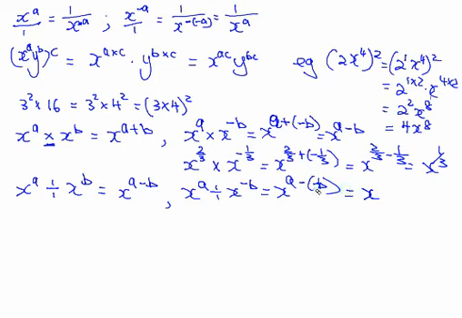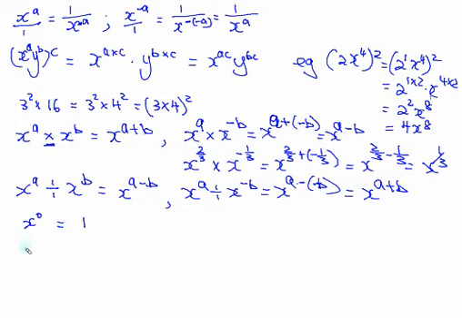So they become minus times minus becomes plus, so it's x^(a+b). Okay. Now the next one is, if I have x^0, I should end up with a 1. Anything to the power of 0 is equal to 1.